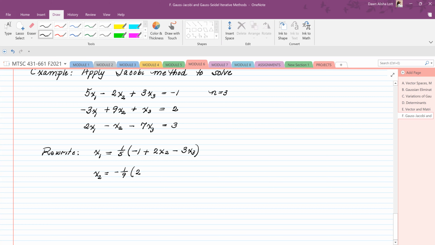This is a plus. I'm trying to figure out why my answer is not looking like theirs. Okay, 2 plus 3x1 minus x3. Now that looks right. And then x3 is divided by -7. So it's -1/7 times 3 minus 2x1 plus x2.